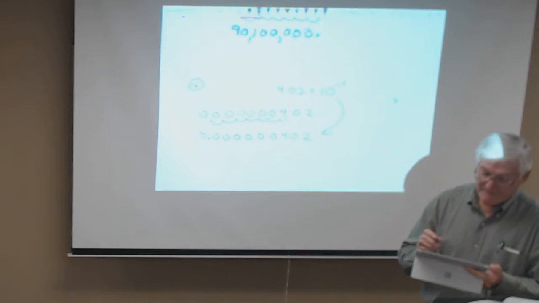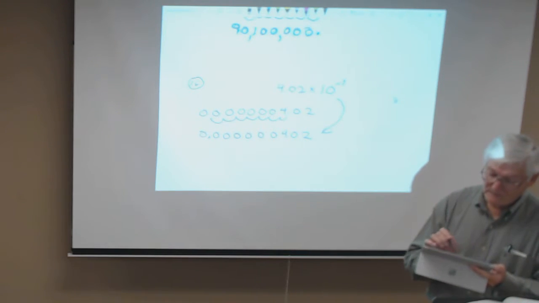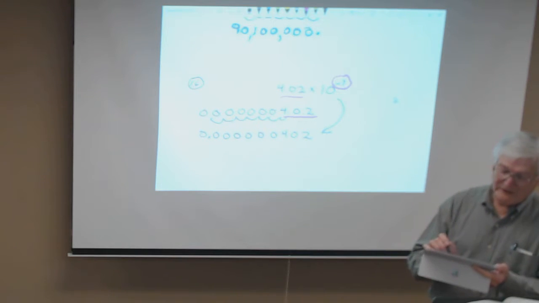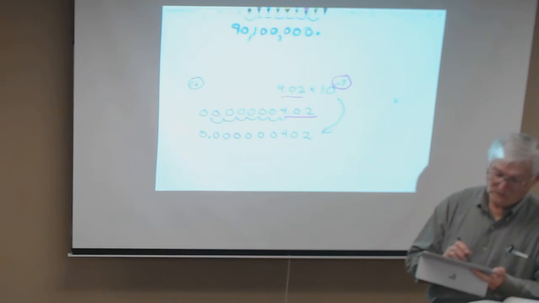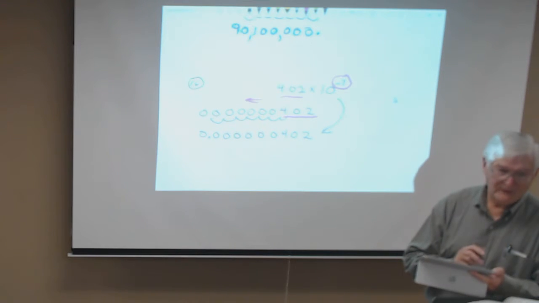Number 16, 4.02 times 10 to the negative 7. So I put down 4.02, but which way am I going when it says negative? I'm going to the left. You follow me?